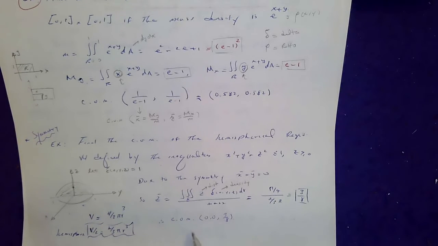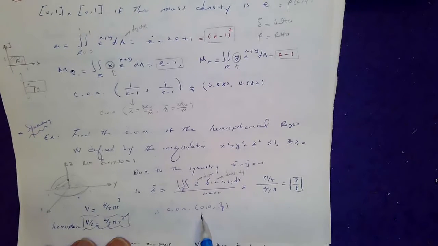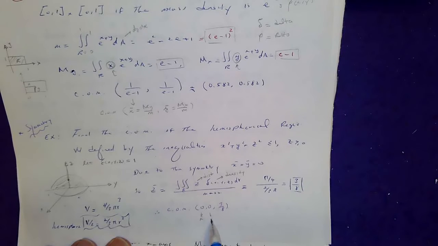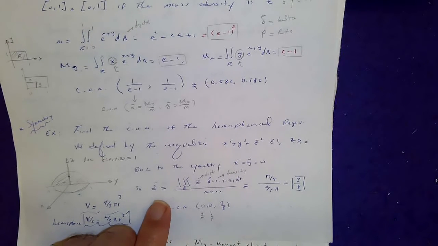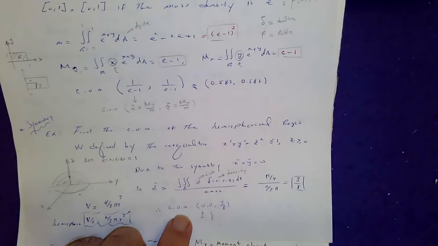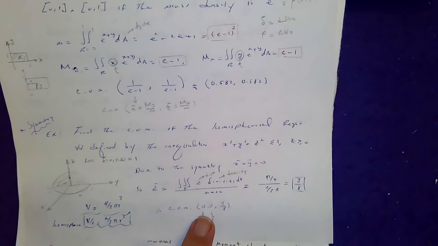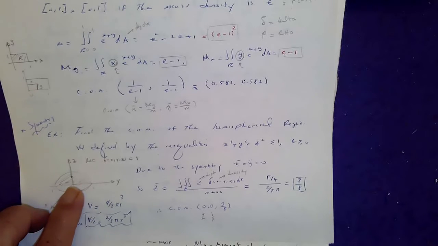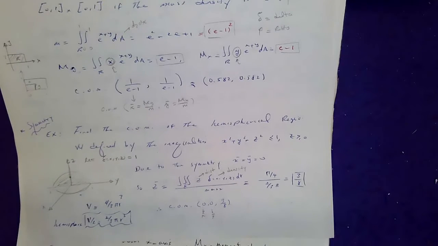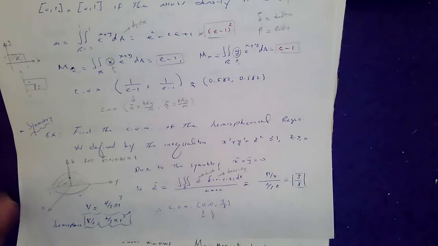So when it comes to finding the center of mass, you know for sure x bar and y bar due to the symmetry is 0. So all you have to do is find the z component of the center of mass, and that would really cut down the work into 1/3. Do you see it? So take advantage of the symmetry when you're finding the center of mass for a region or a solid. It doesn't really matter.